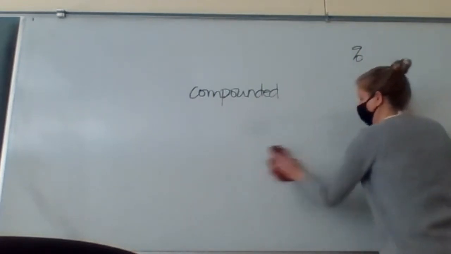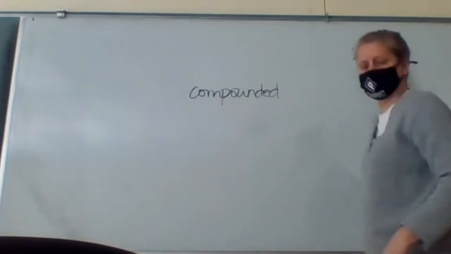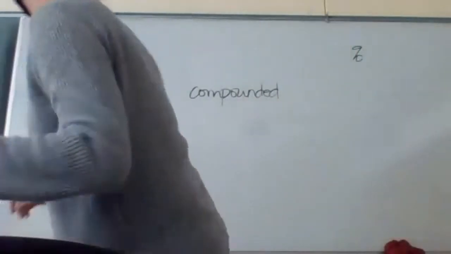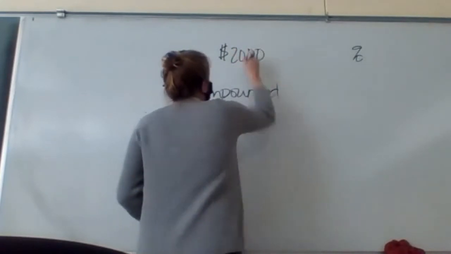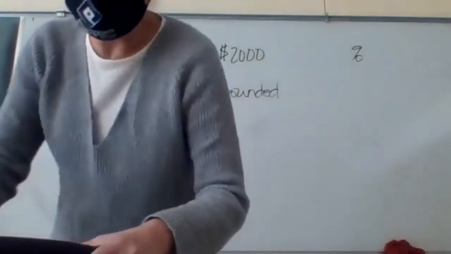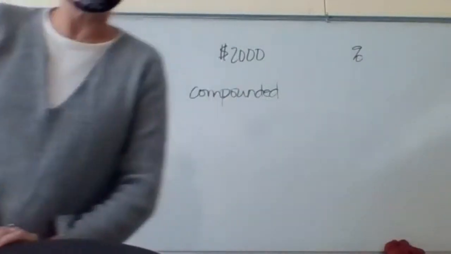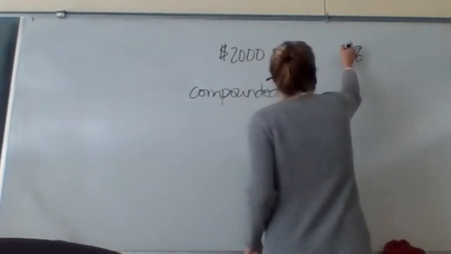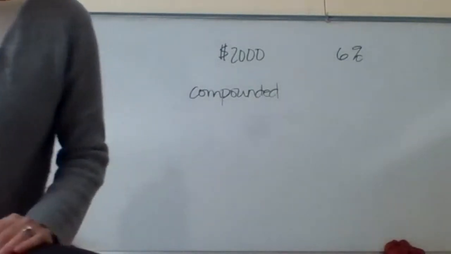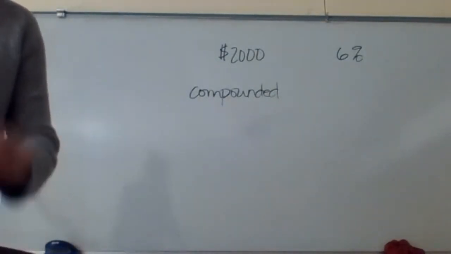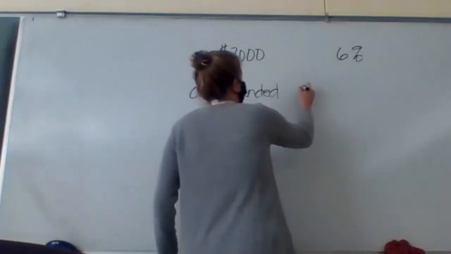So again, the initial investment was $2,000. The interest rate was 6% interest. And this time it was compounded semi-annually. Semi-annually means twice a year.